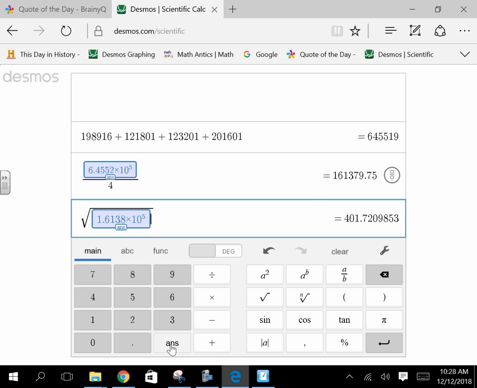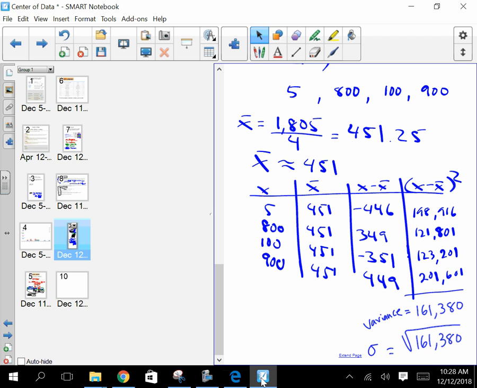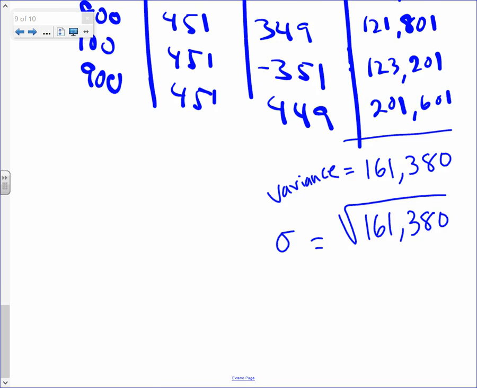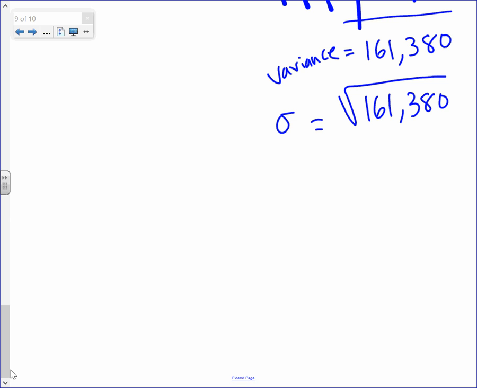Okay, there it is. 401.7. The nearest whole number would be what? 402. Thank you, 402. So here we go. Our standard deviation is approximately 402.